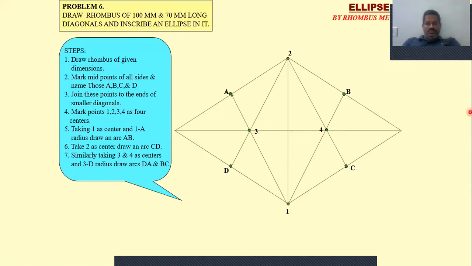After marking the points A, B, C, D and 1, 2, 3, 4, take A1 as radius with 1 as center and draw arc AB.